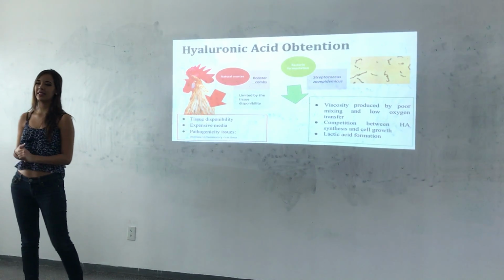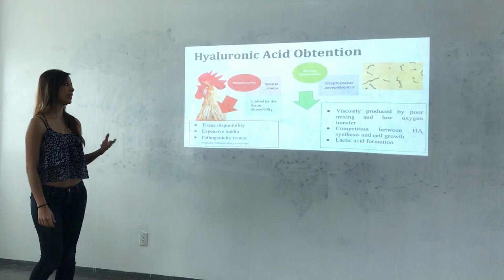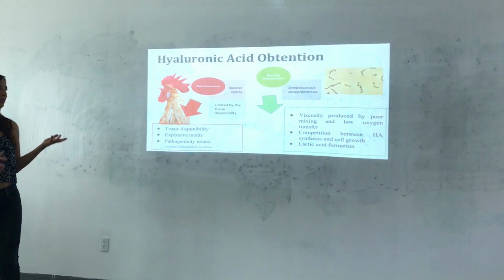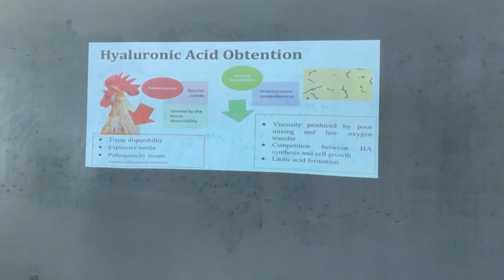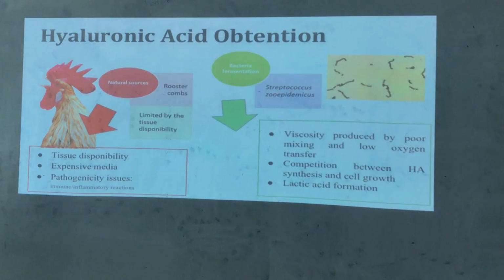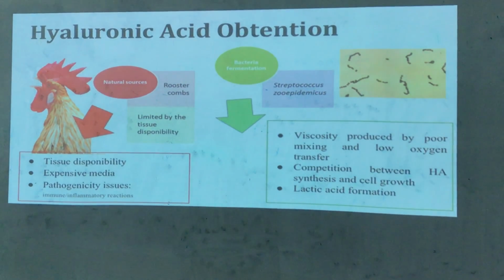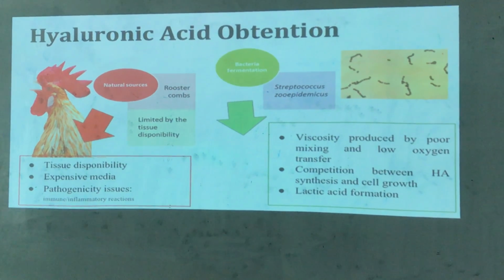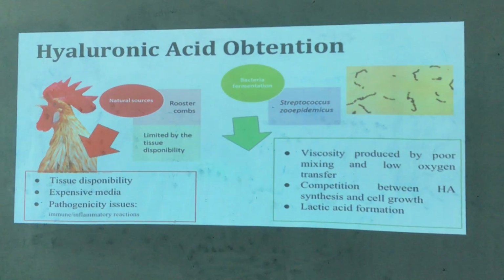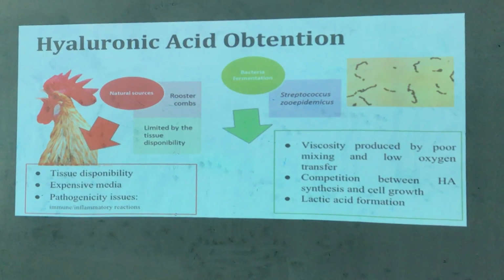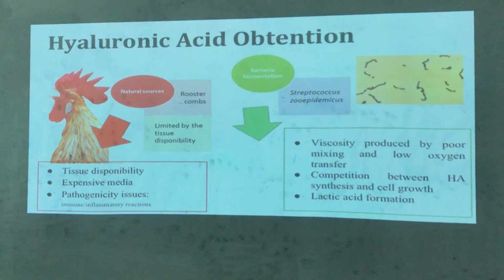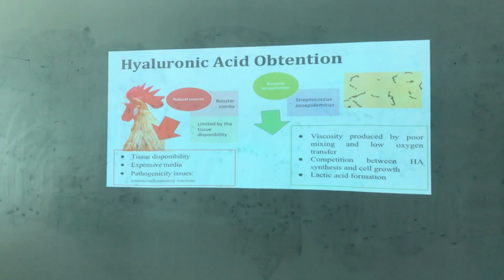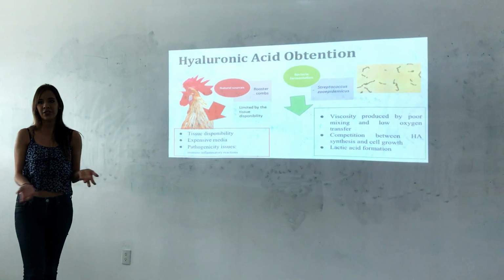Hyaluronic acid is usually obtained in two ways, using natural resources. First, we have rooster combs, and the second way is the umbilical cord of human babies. The disadvantage of obtaining hyaluronic acid from these two sources is that it is limited by the tissue they have.